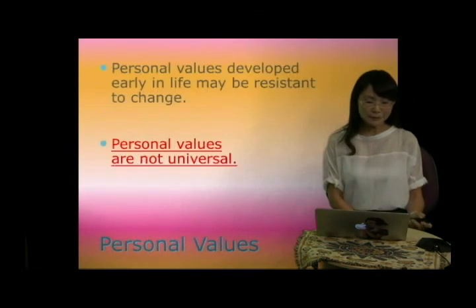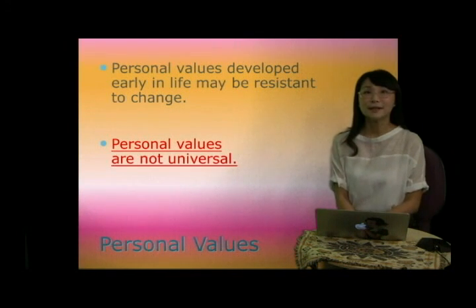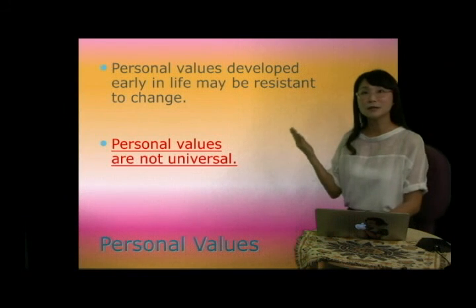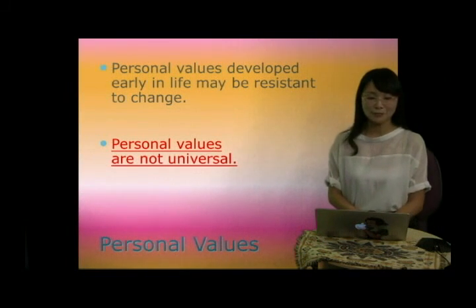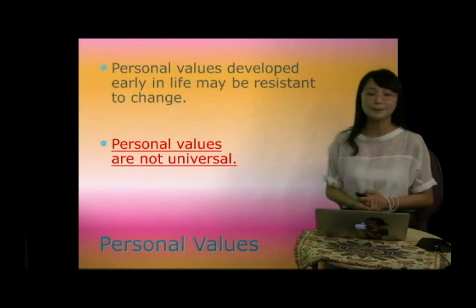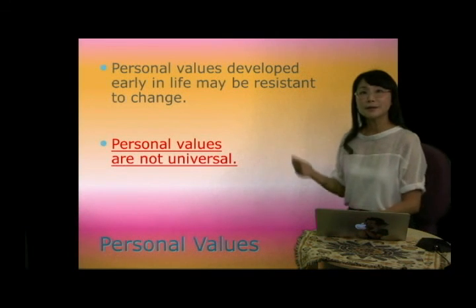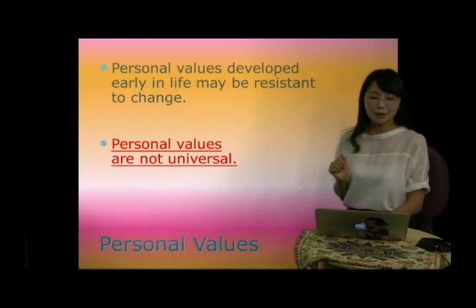Personal values develop early in life, and sometimes personal values can be resistant to change. And our personal values are derived from particular groups, such as culture, religion, or political party. However, personal values are not universal.